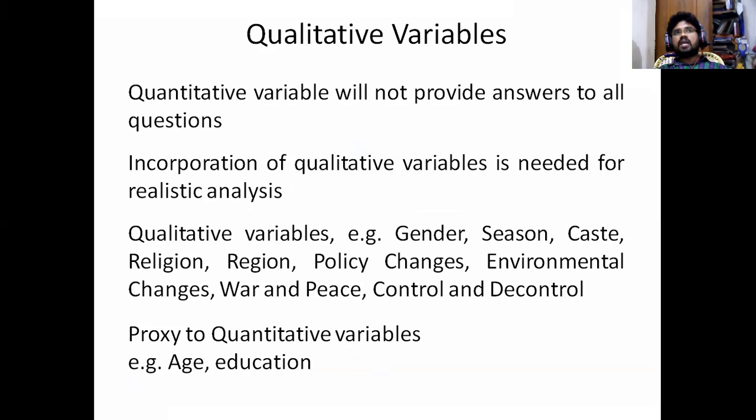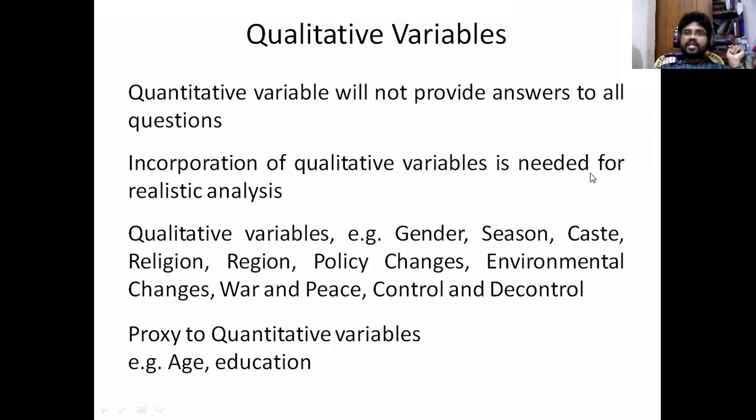If I say that black is greater than white, somebody will ask how. If I don't agree that black is greater than white, it means that white is greater than black. So the question will not give a proper answer to all; that is, the variable will not provide an answer to all the questions.